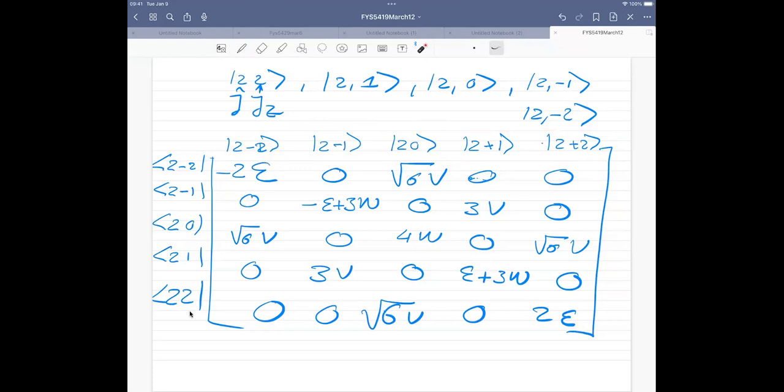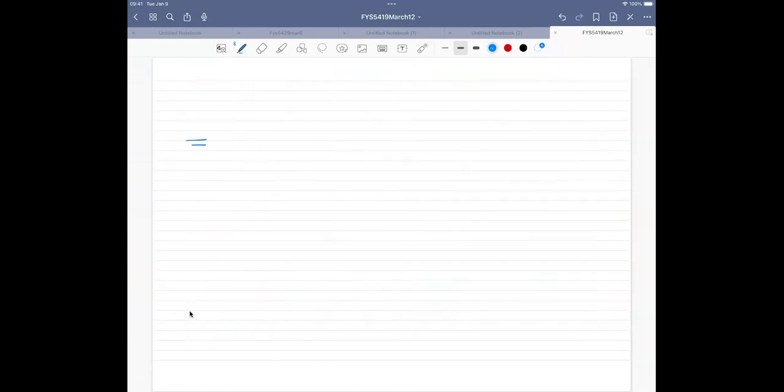So if you then reorder it, you're going to see now that if I interchange this row with that row, and then I do a new one, and then interchange rows again, I can actually rewrite this Hamiltonian matrix as follows. So now I interchange, and then I get a minus 2 epsilon, square root of 6v, 0, and then I have 0, 0.